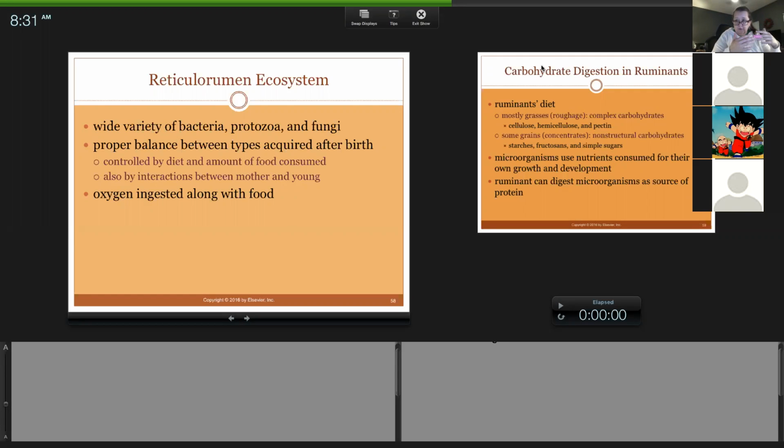And the second thing is you want to be able to access those contents and do what's called transfaunate a sick cow. So it's kind of like someone said a probiotic yesterday, Activia. You take the good bacteria out of the healthy fistulated cow, you take some of that out and you give it to a sick cow.